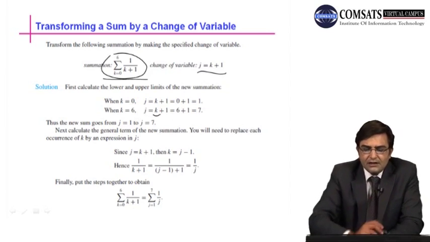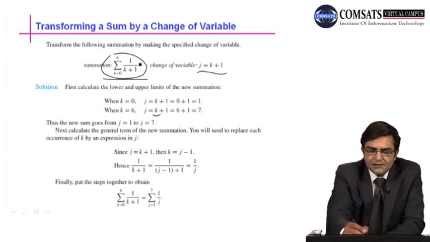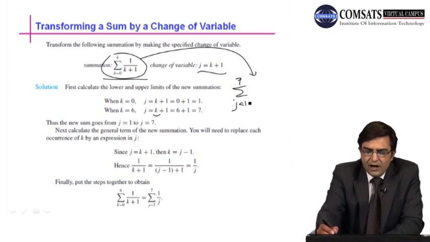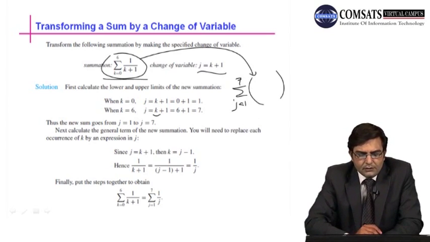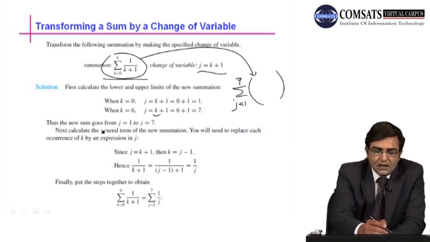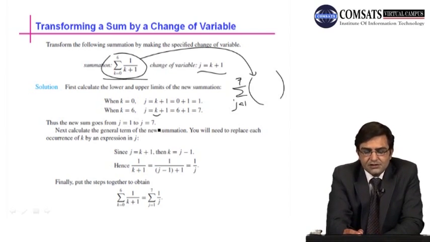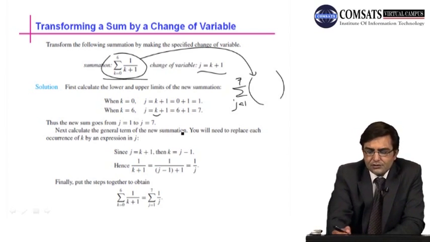So in this summation, the lower limit and upper limit have been changed. Now the summation will be j from 1 to 7. Now we have to change the expression which we have to sum. Thus the new sum goes from j equal to 1 to j equal to 7. Next we calculate the general term of the new summation.